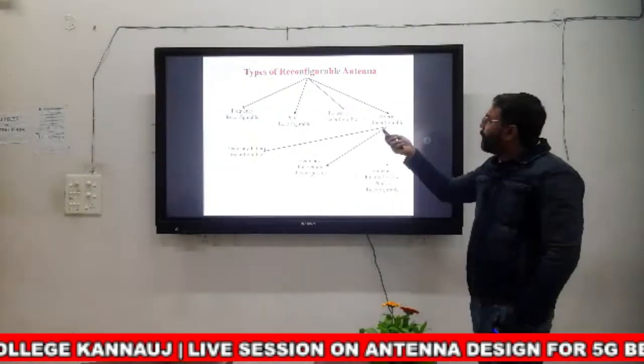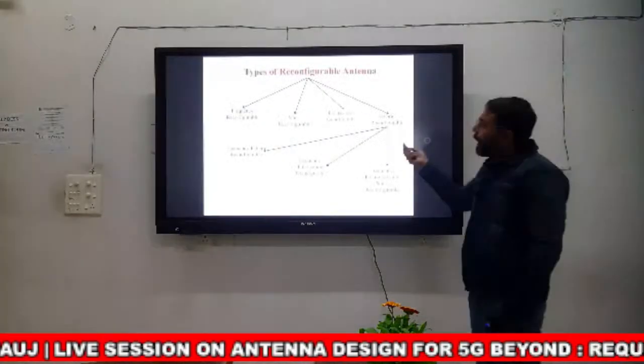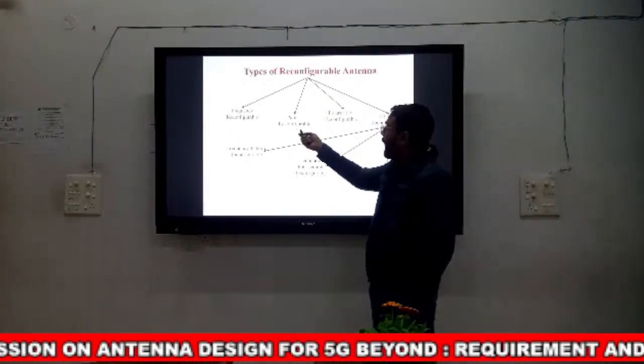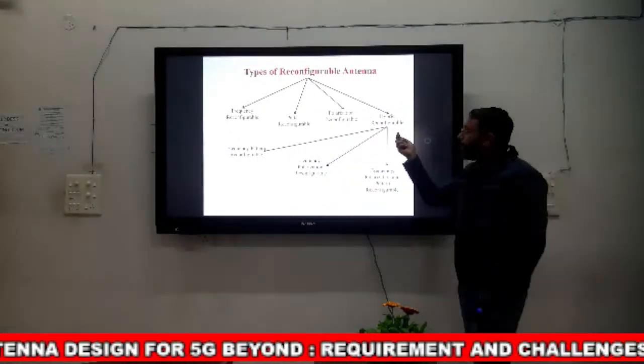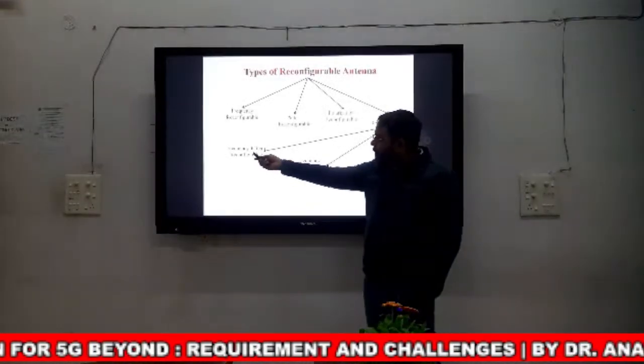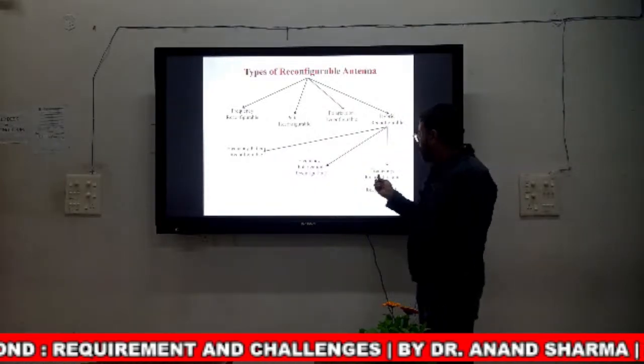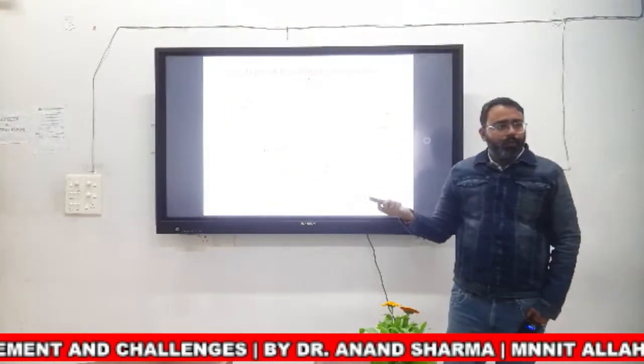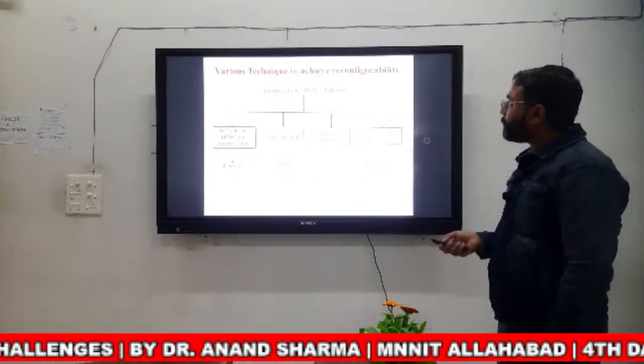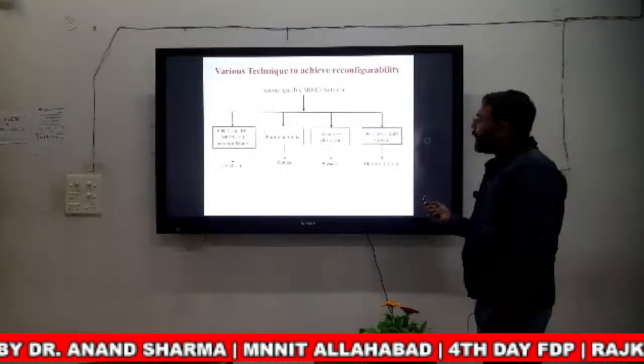So we have different types of reconfigurability: frequency reconfigurable, pattern reconfigurable, polarization reconfigurable, and hybrid, such as frequency and pattern, frequency and polarization, or a combination of all three. How can we generate the reconfigurability?